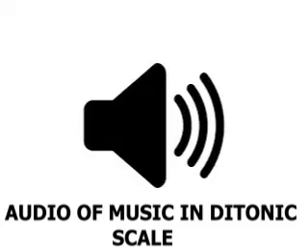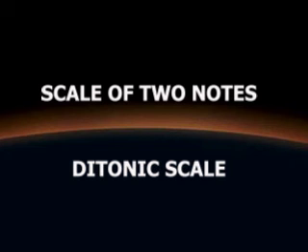If you watch, this scale is made up of only two notes, and the only two notes you're hearing throughout the music are C and D. C and D only. That's a diatonic scale.